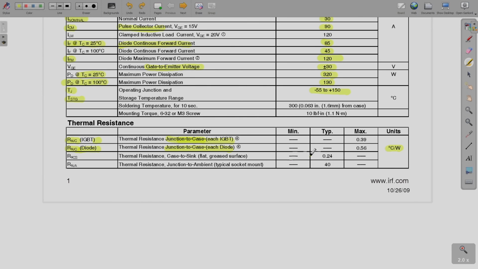So that is also provided. You can see here for the diode it is higher. And then case to sink, because the IGBT and diode are inside one case, case to sink is going to be only one. So, that is also provided. The junction to ambient is also given over here.